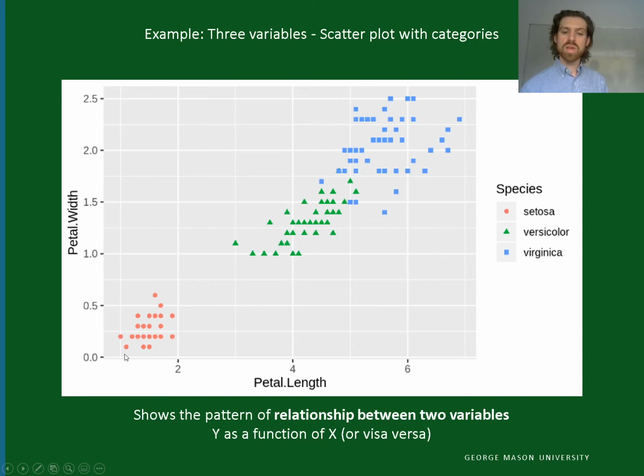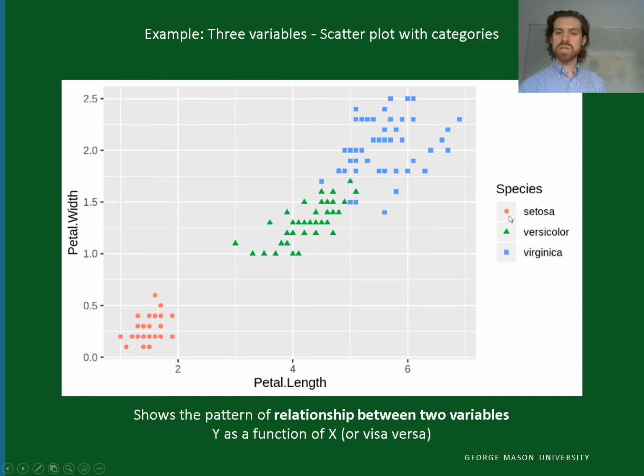And from this graph, we're able to understand that generally there's a strong positive relationship between the length and the width of the petal size across these different species. So as the petal length increases, so does the width. So it's positively correlated. This is a fairly standard way to display this type of data.